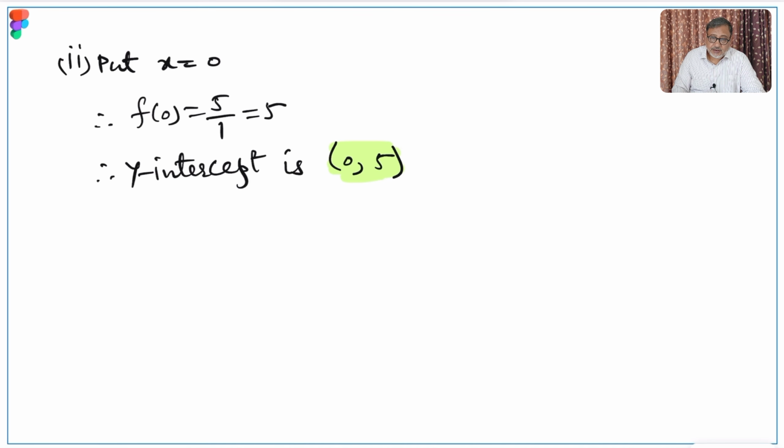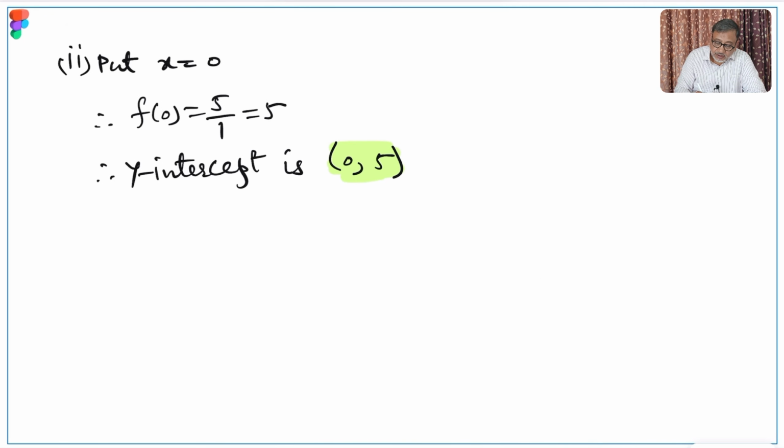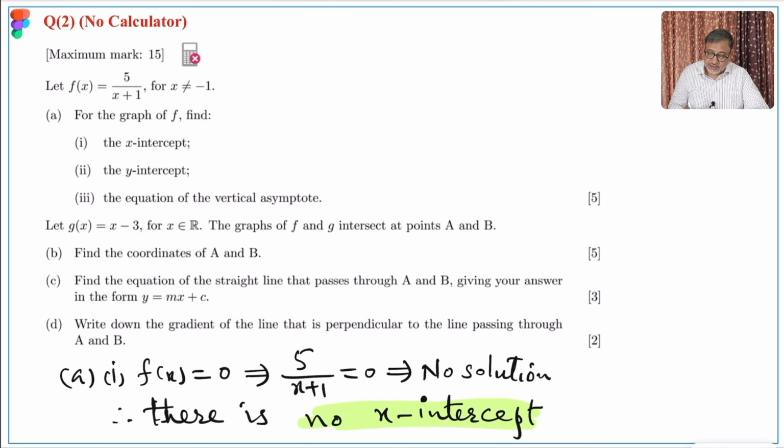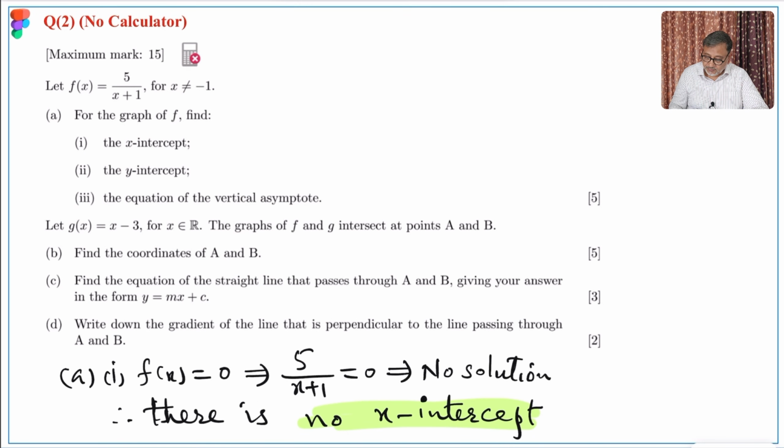Now the third part says find the equation of the vertical asymptote, right? So for the vertical asymptote, what you have to do? See, when you draw the graph of y is equal to 5 upon x plus 1, x should not be equal to minus 1.